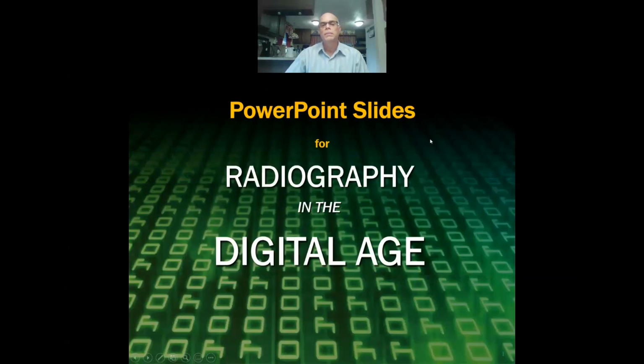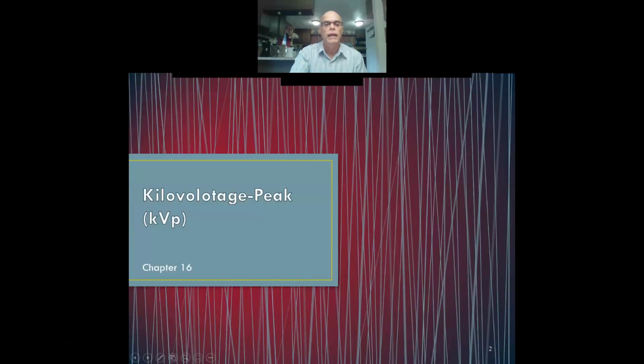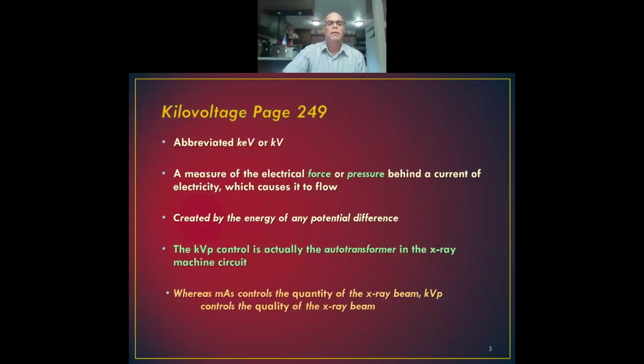Okay, so these are PowerPoint slides for Radiography in the Digital Age, kilovoltage peak, and this is chapter 16. It says on page 249 in your book, abbreviated kVp, kilovolts, a measure of the electrical force or pressure behind a current of electricity which causes it to flow.